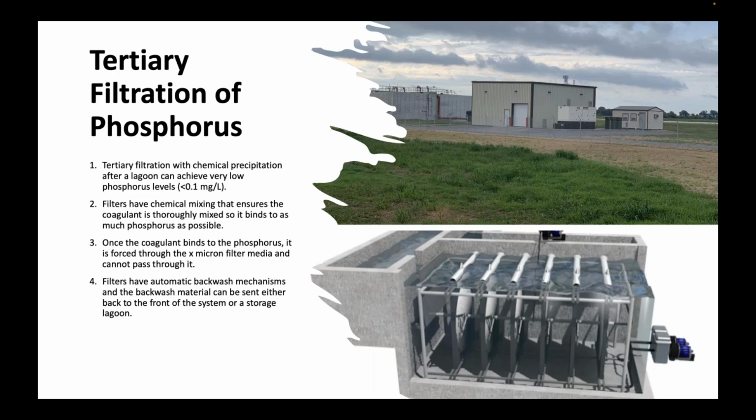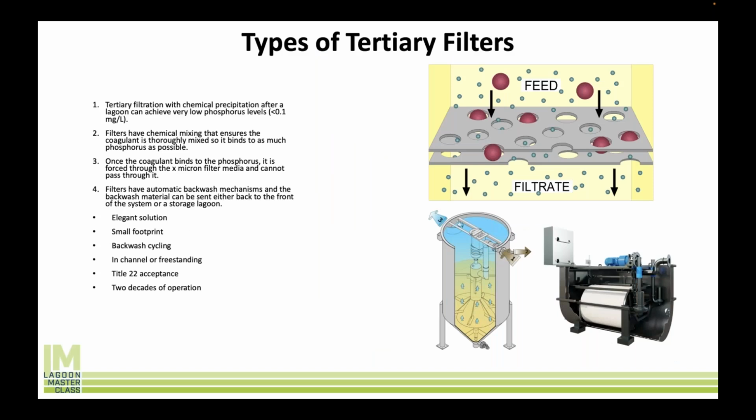And you would feed a chemical precipitant, right? That binds to a coagulant, right? That coagulates the solids and the phosphorus, forces it through the 10 micron material, the smaller pieces, the non-phosphorus molecules flow through as filtrate. The phosphorus and the solids stay on the other side of the filter media, eventually to get backwashed. That backwash then gets sent back to the lagoon itself.